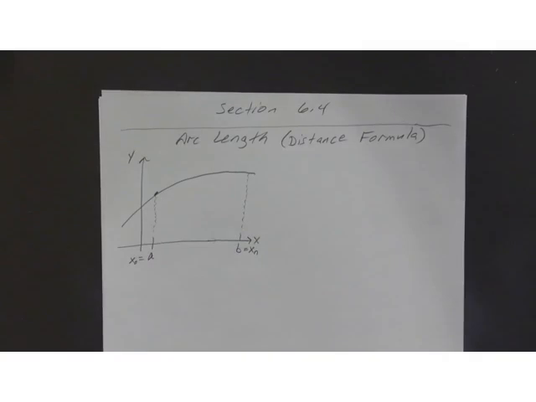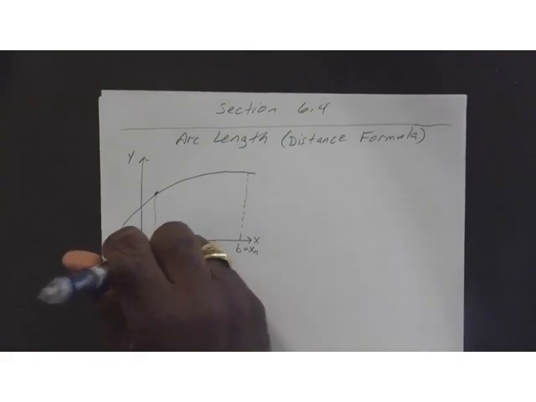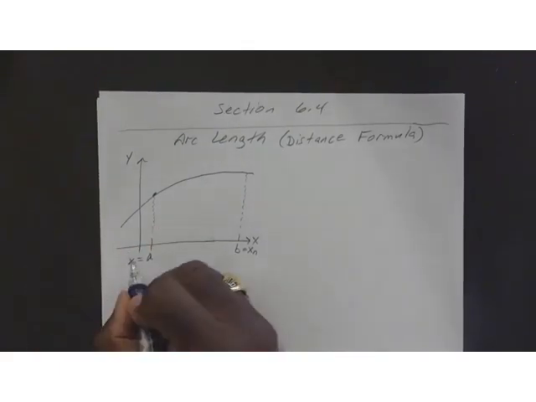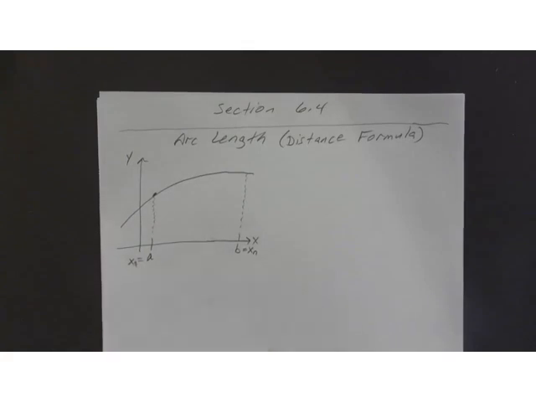Actually, we can call this x of 1 just to keep it in line with the actual distance formula. No need in changing notation.